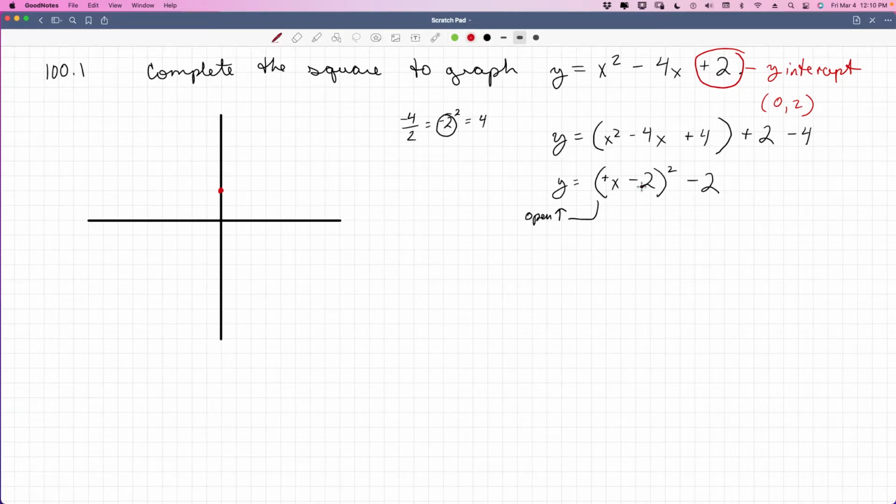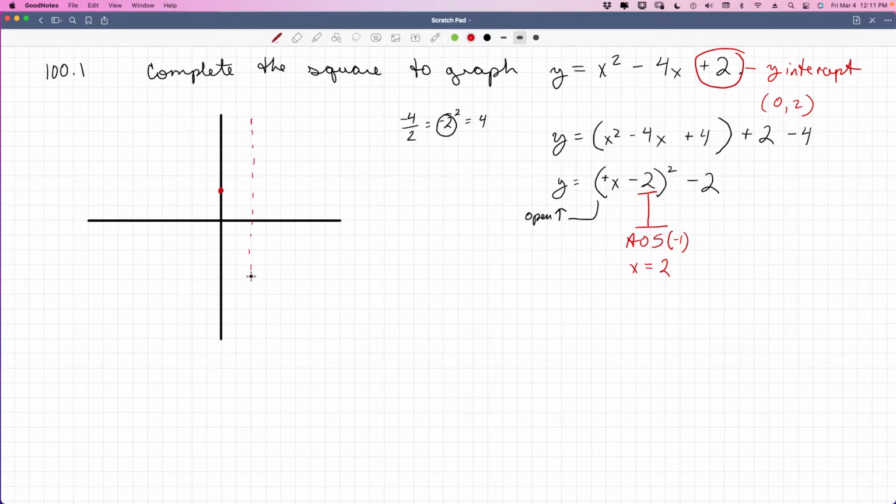Now, this number here is going to tell us the vertex x value, but it's going to be the opposite. This is our AOS, or our axis of symmetry, and it's going to be times negative 1. It's always the opposite of this number. So x is going to be equal to a positive 2. All right. So that tells us the axis of symmetry. So we can go ahead and put in a little dot right here.